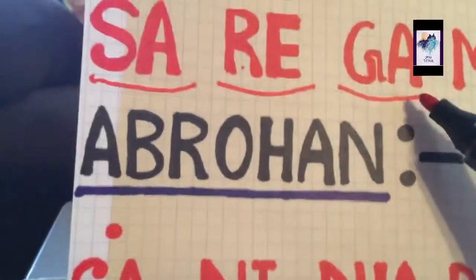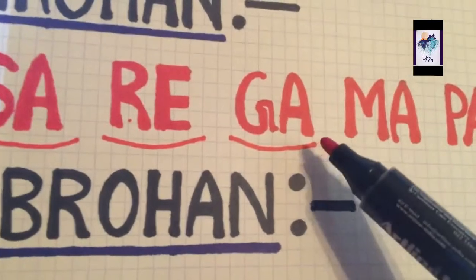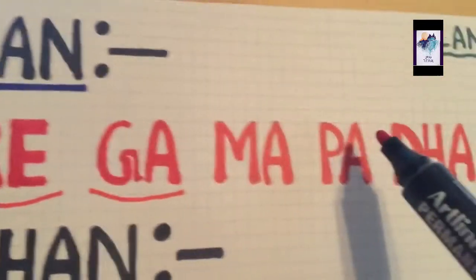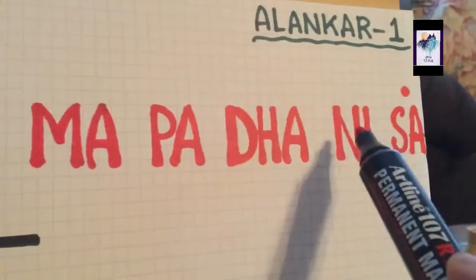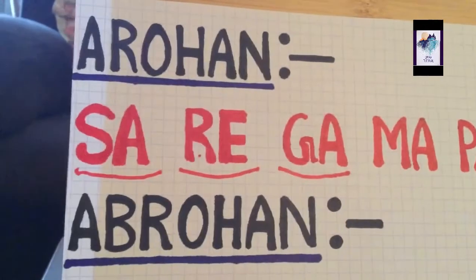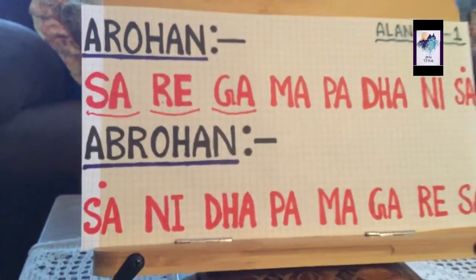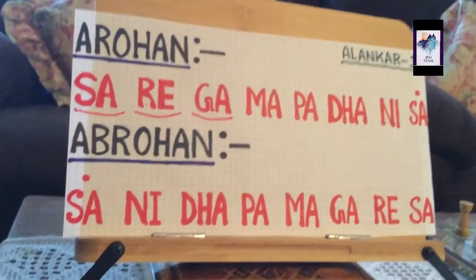So this is the indication of one beat. So sa, re, ga, ma, pa, dha, ni, sa, each is one beat. So one note is coming in one beat in Alankar number 1.